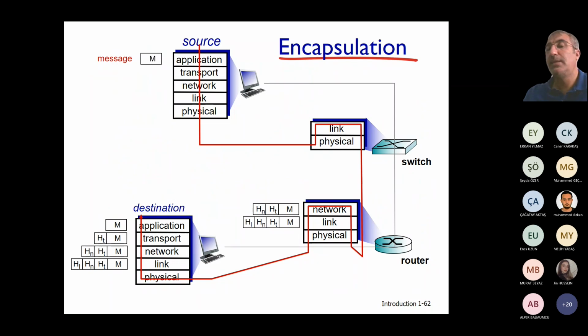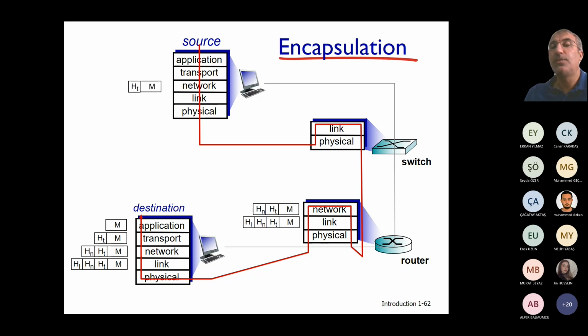Let's assume that you have an application such as WhatsApp, and you're sending a message. This message is going to be handed over to the transport layer. The transport layer is going to split it into segments. So it was a message, and now it becomes a segment at the transport layer, and we put a header at the preamble.